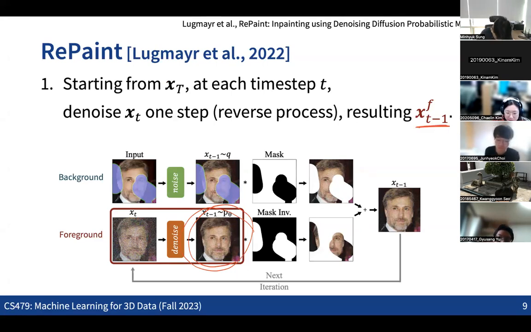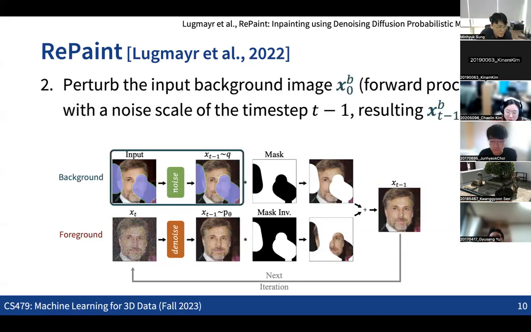At each time step, while we are running the denoising for the foreground image for one step, for the background image we are running the forward process until the time step t minus one. So given the background image, we are running the forward process, adding noise, doing perturbation until time step t minus one, which gives us x_{t-1} of the background.